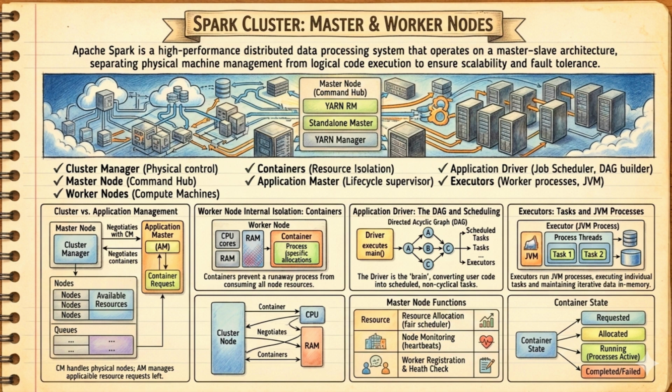The driver then combines these results and produces the final output of the Spark job. This distributed model allows Spark to scale from just a few machines to thousands of servers, enabling it to process extremely large datasets efficiently. By distributing tasks across worker nodes and coordinating them through the master node and the driver program, Spark achieves both massive parallelism and high fault tolerance.